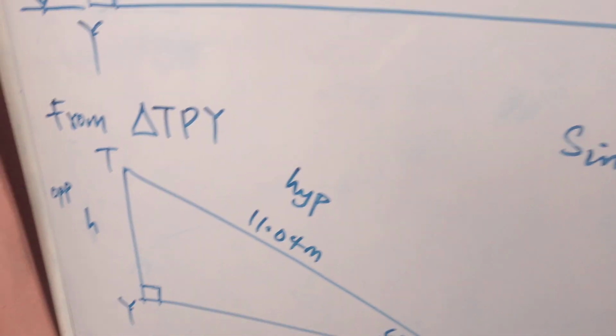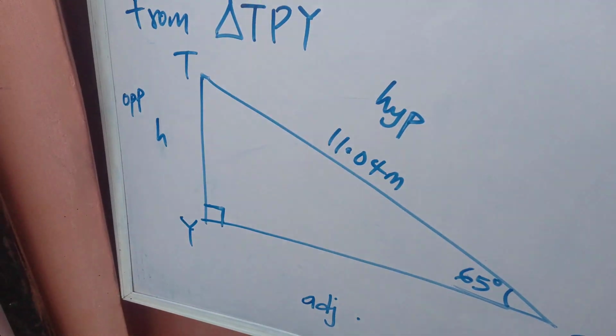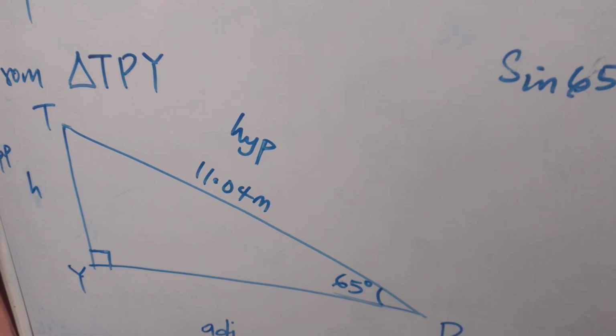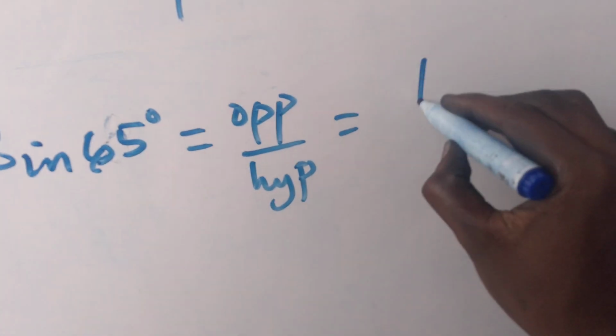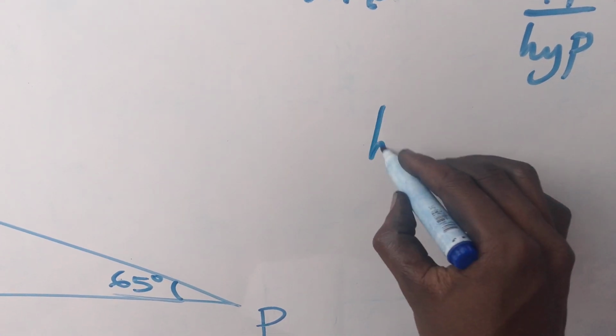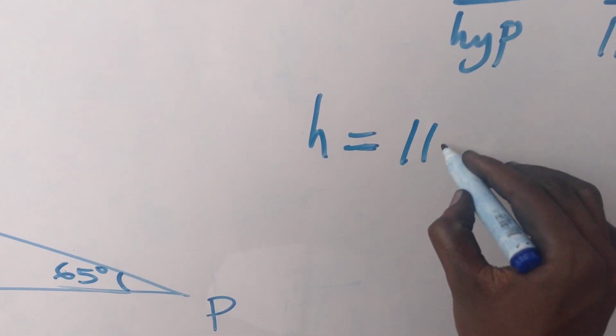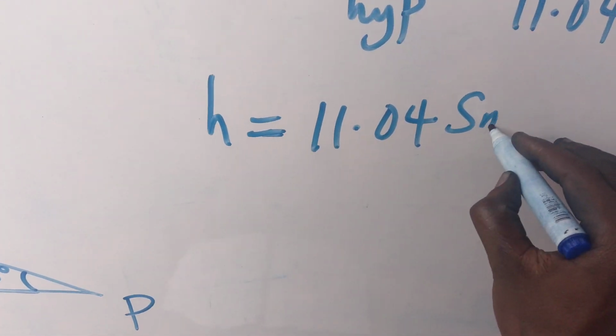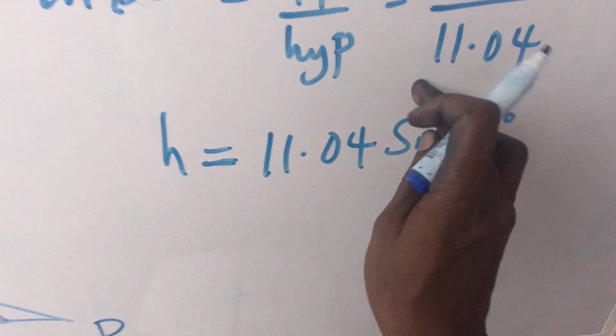The opposite side is H, and the hypotenuse is 11.04, that's H over 11.04. If I cross multiply, the height H will be equal to 11.04 sine 65.